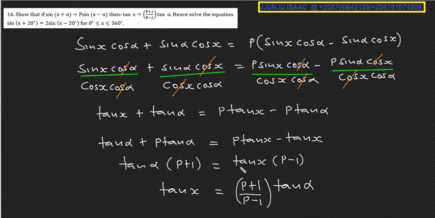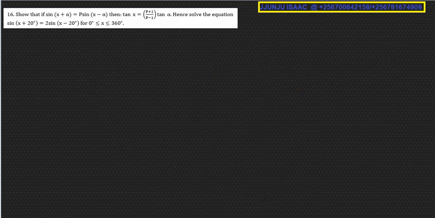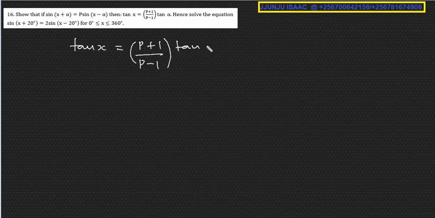So now let us go to the hence part. We need to start from where we have stopped. We can see that tan x is equal to (p + 1)/(p − 1) tan α.